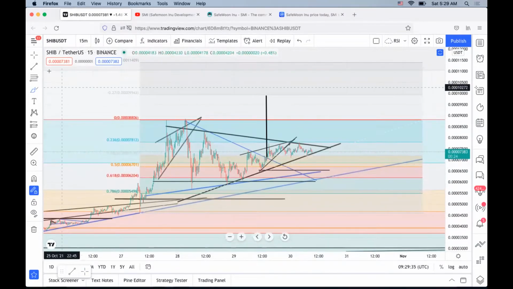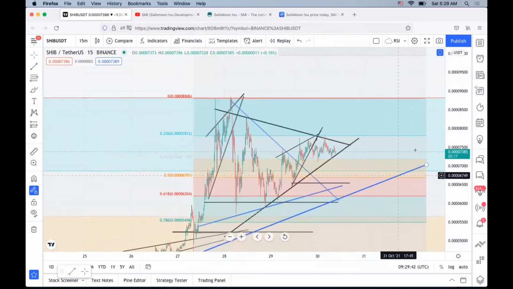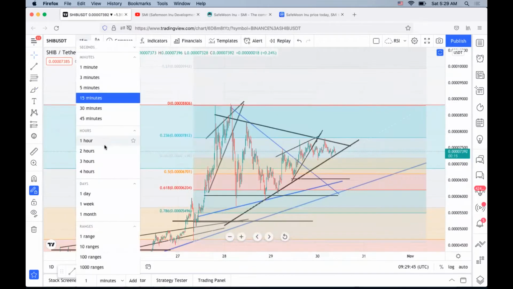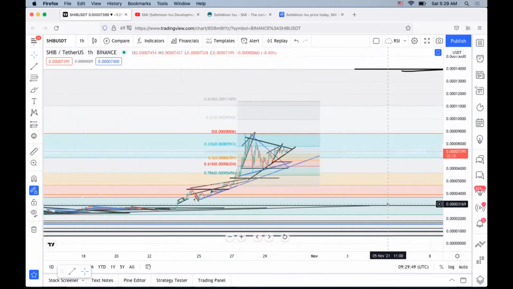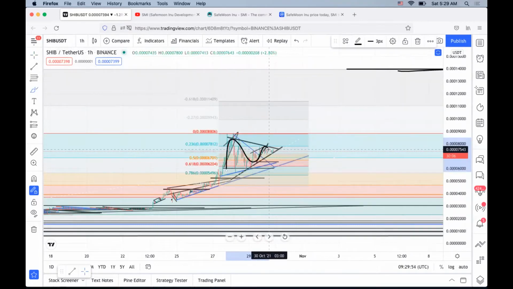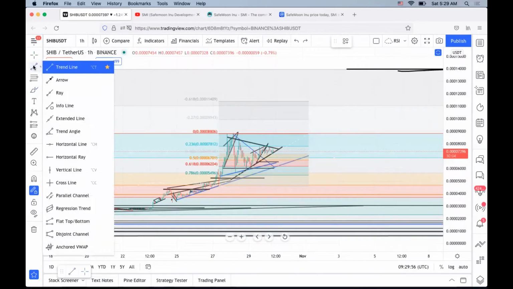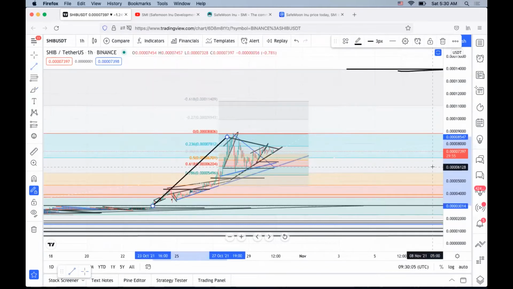All right, but let's do a much larger picture. This is only if this is a pennant pattern, if it does play out, but let's do a much larger picture. All right, so I'm going to switch over here to the hourly chart. All right, so if this does happen to be a pennant pattern and does play out, then we could take a target all the way from the top of our pennant right here and come down to our breakout area out of our previous pattern and get this flagpole right here.